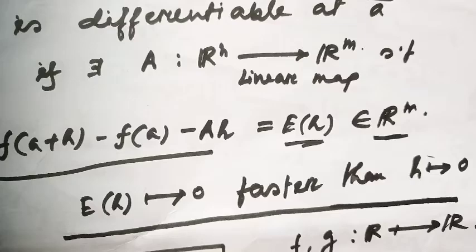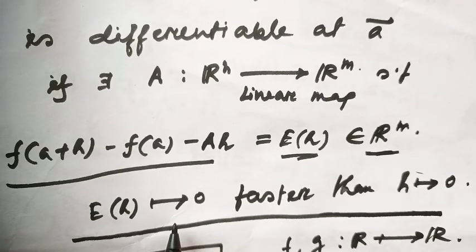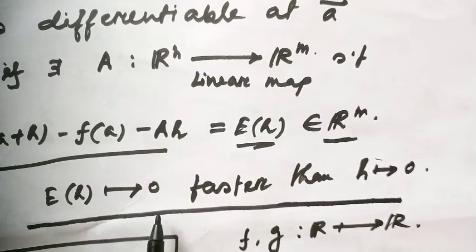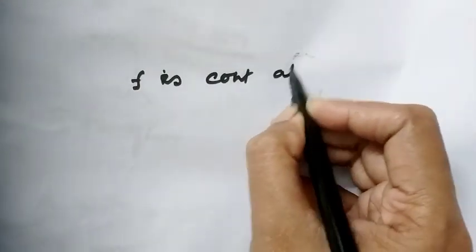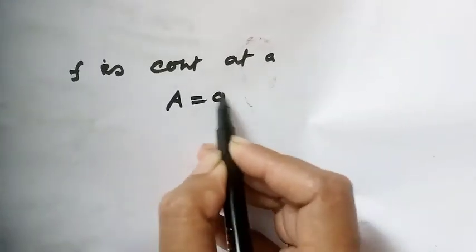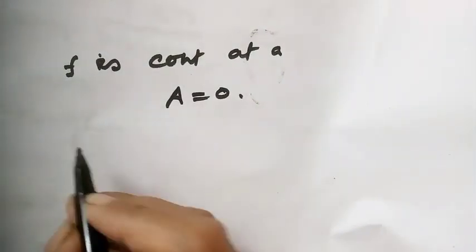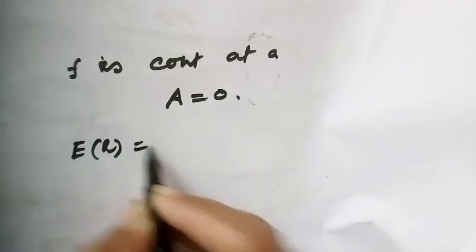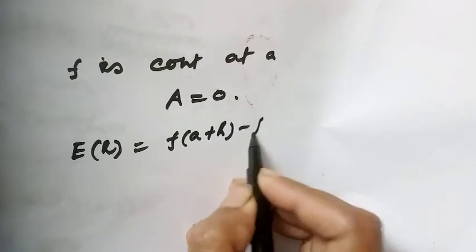Okay, well. Now can you question me why I have used this notation, E_a(h) goes to 0 faster than h goes to 0? Just think. Consider f is continuous at the point a, and also consider this linear map A equal to 0. Then E_a(h) would be f of a plus h minus f of a.